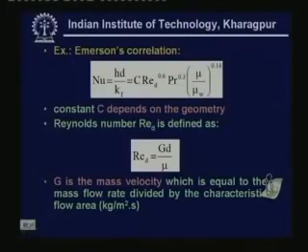Okay, and the Reynolds number Re_D is defined as Re_D = GD by mu, where D is the internal diameter of the shell and G is the mass velocity, which is equal to the mass flow rate divided by the characteristic flow area. Okay, so it has units of kg per meter square per second. So find the Reynolds number from the flow rate and from the configuration of the shell and tube evaporator. Then from the Reynolds number and Prandtl number, find the Nusselt number.